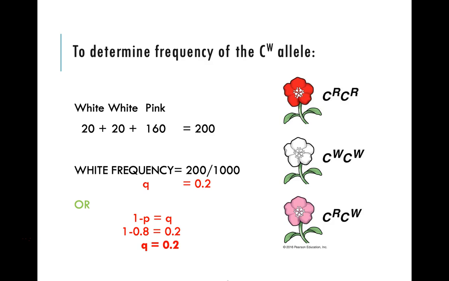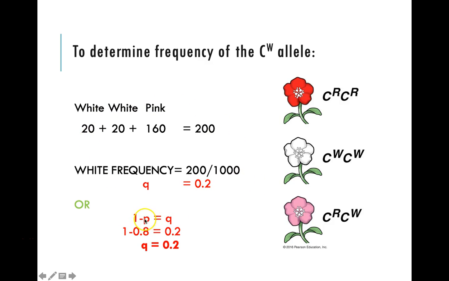Now, there are actually 2 ways to calculate Q or P. If you start with one, you can calculate the other, and that's because this is a frequency. Frequencies must always add up to 1. So P plus Q equals 1 for all alleles. The frequency of one allele plus the frequency of the other equals 1. So you can use that idea to calculate Q directly without calculating the allele frequency.